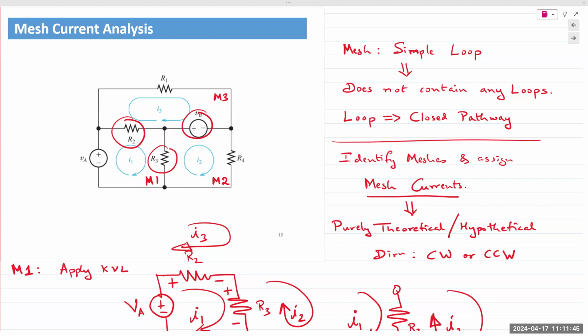Okay. So as a recap, the node voltage analysis and the mesh current analysis techniques are new, but only a portion of the concept is new. The application is not new. It requires KCL and KVL, which you have studied in the past.